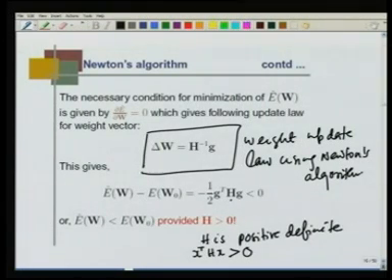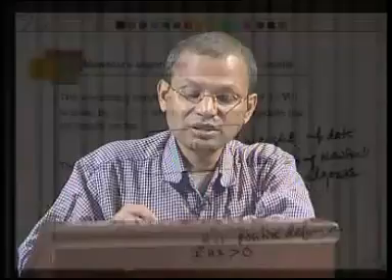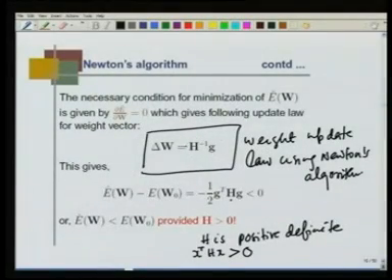From that sense, this algorithm is not a foolproof algorithm, because it does not guarantee local stability unless H is positive definite. That is the biggest drawback of the Newton algorithm, but still researchers have used it because it is very fast. But you see that this weight update algorithm requires H inverse, the inverse of a Hessian matrix. Imagine a normal network has at least hundreds of weights.